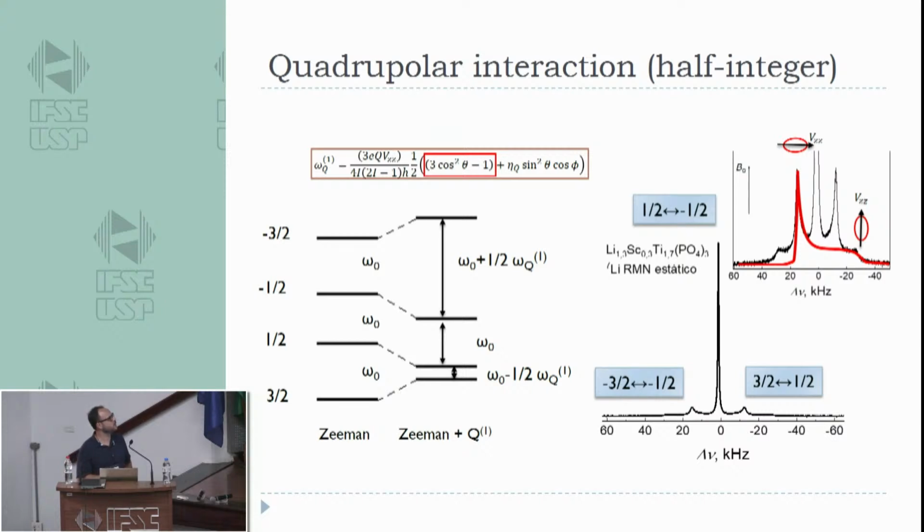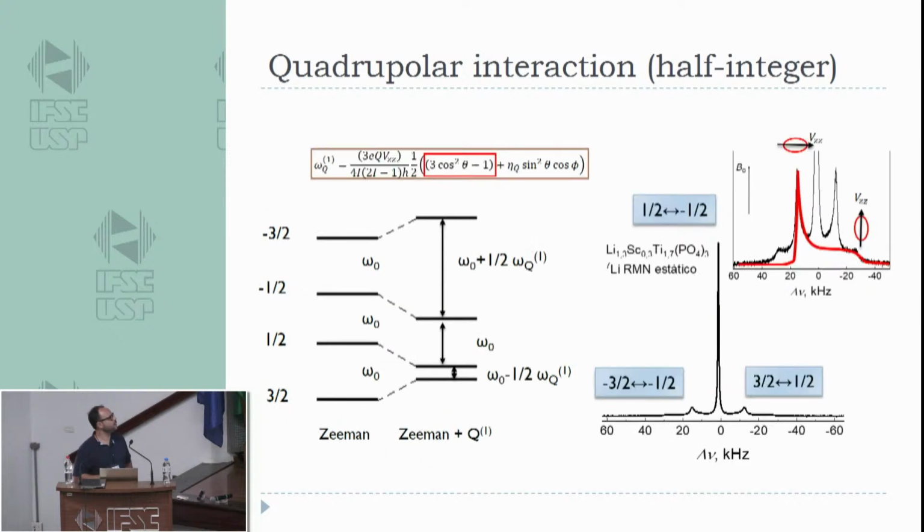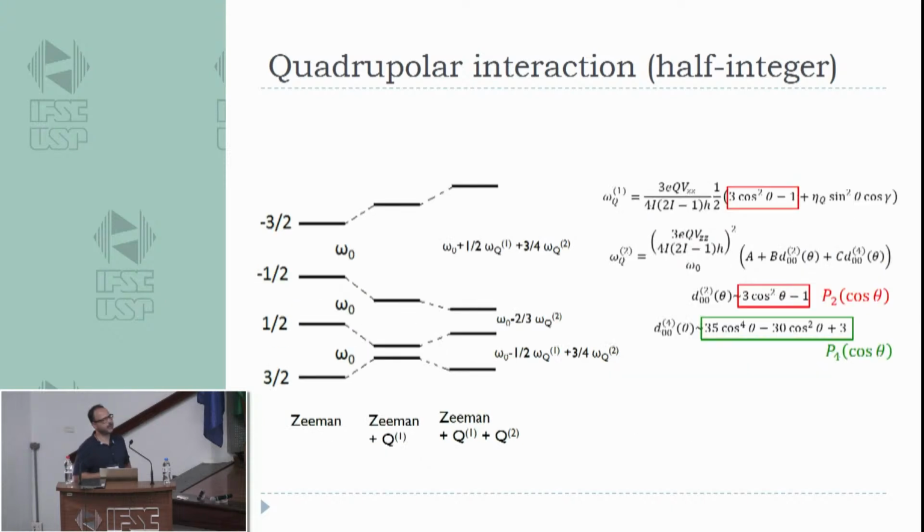So if this VZZ is pointing perpendicular to the magnetic field, we have one situation, parallel we have another situation. This happens for more than one transition, so we have this interesting line shape. It would be hard if we had only this, but then we have to treat with perturbation theory in second order as well.